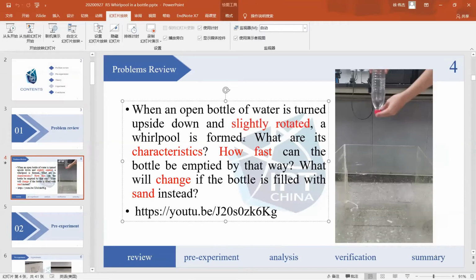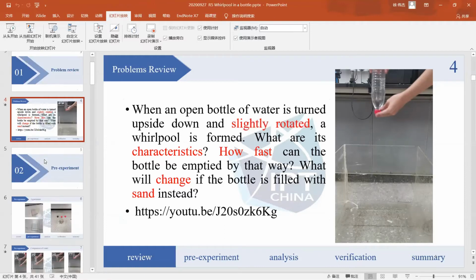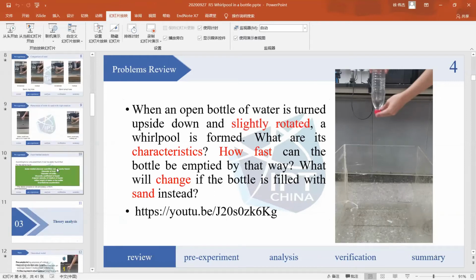We didn't analyze what will happen if we rotated with very big force, because the problem says slightly rotated. Okay, and do you think this initial rotation defines the time of the flowing out or not?